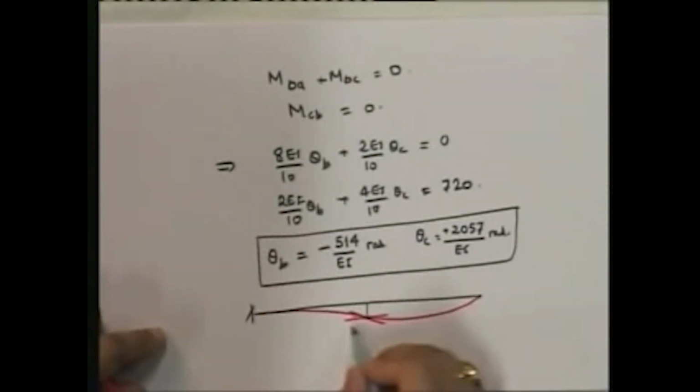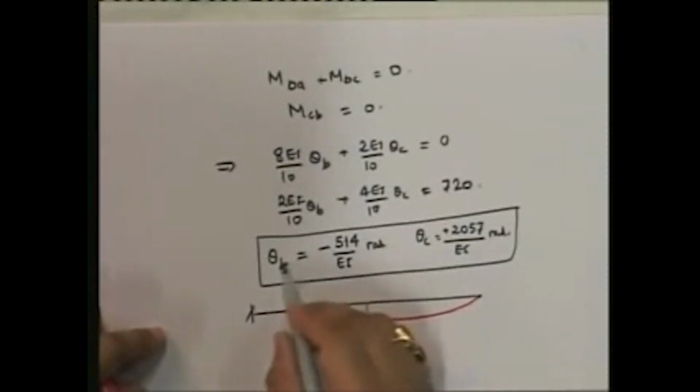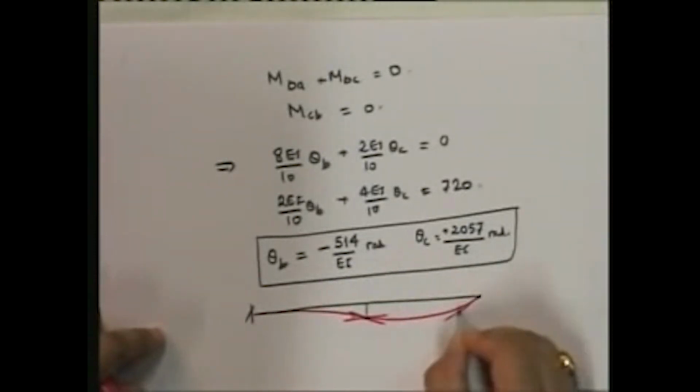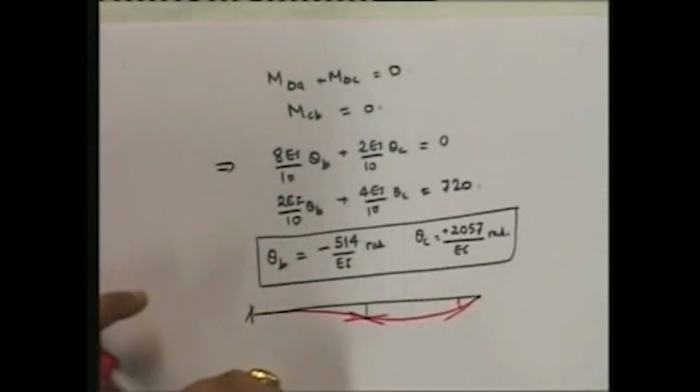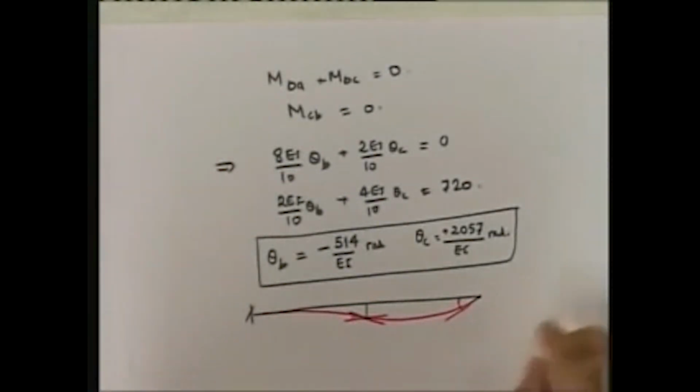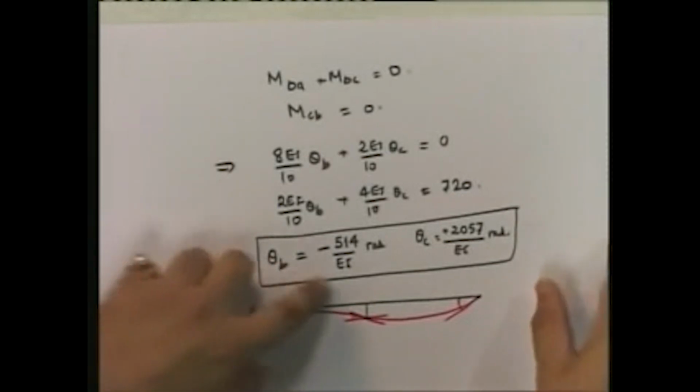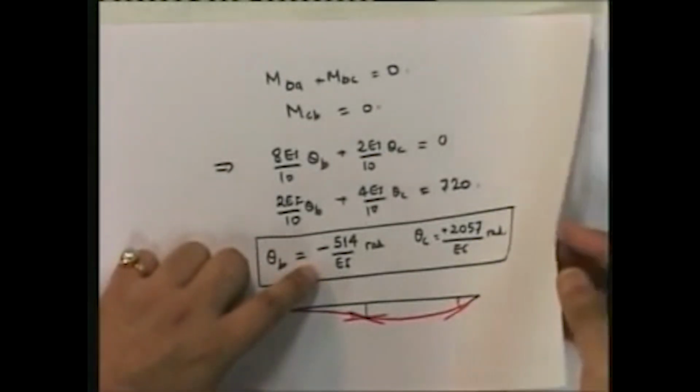This is negative, so it is clockwise, and this is anti-clockwise because it is positive. Okay, so this is the deflected shape. And now once we get theta B and theta C, we can substitute it back into the equations for MAB.